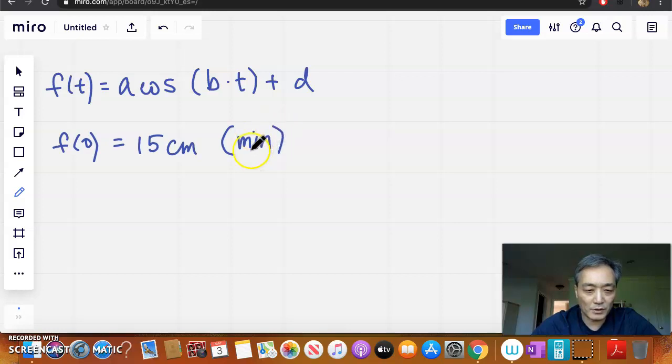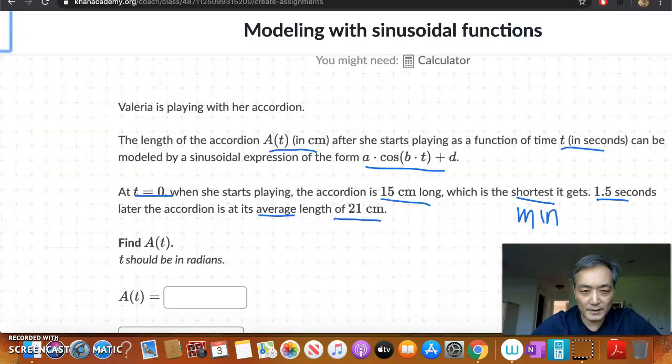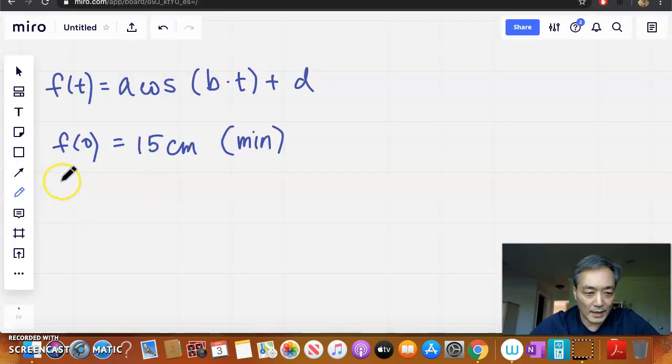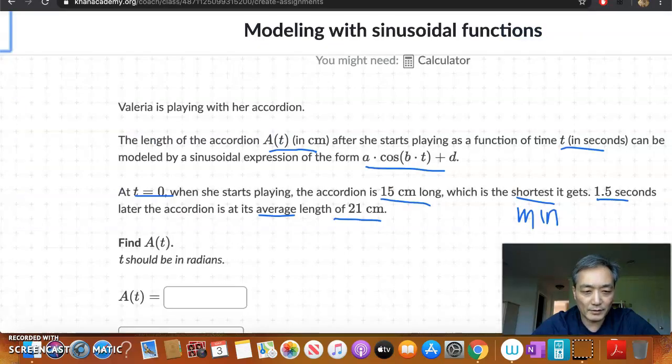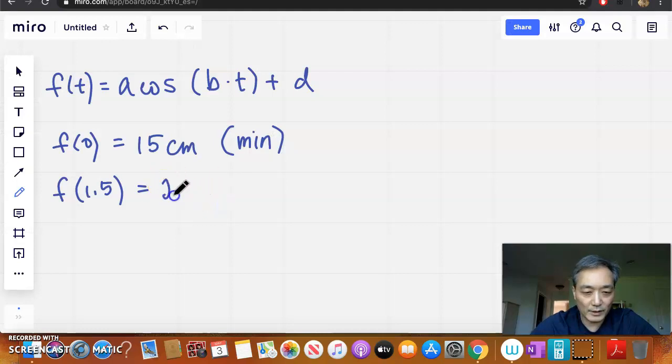And then at 1.5 seconds, the function is at the average length, which is 21 centimeters.